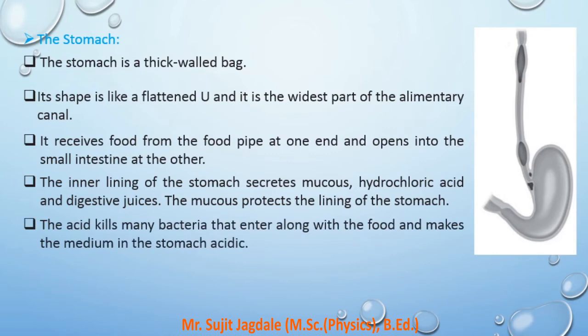Now the acid which is secreted by the lining of the stomach kills the bacteria which are present in the food material, and it converts the food into an acidic medium.